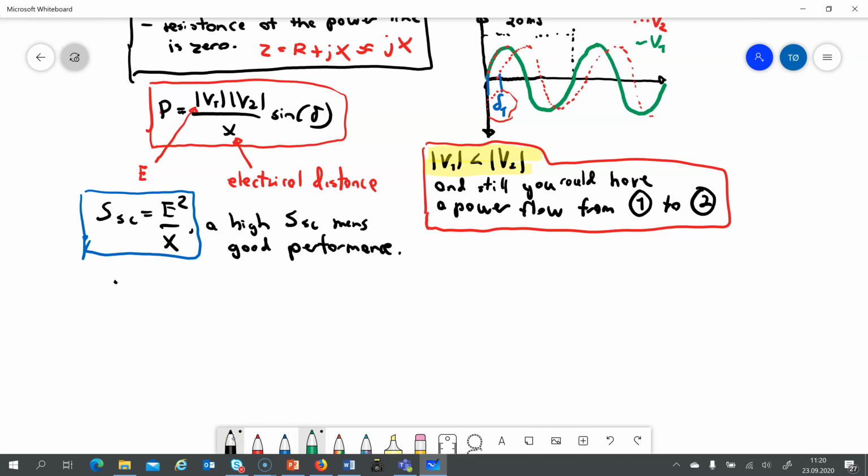We can typically say that when we have a weak point, a weak grid, or you can say connecting our grid system, that means that we actually have a low short circuit ratio.